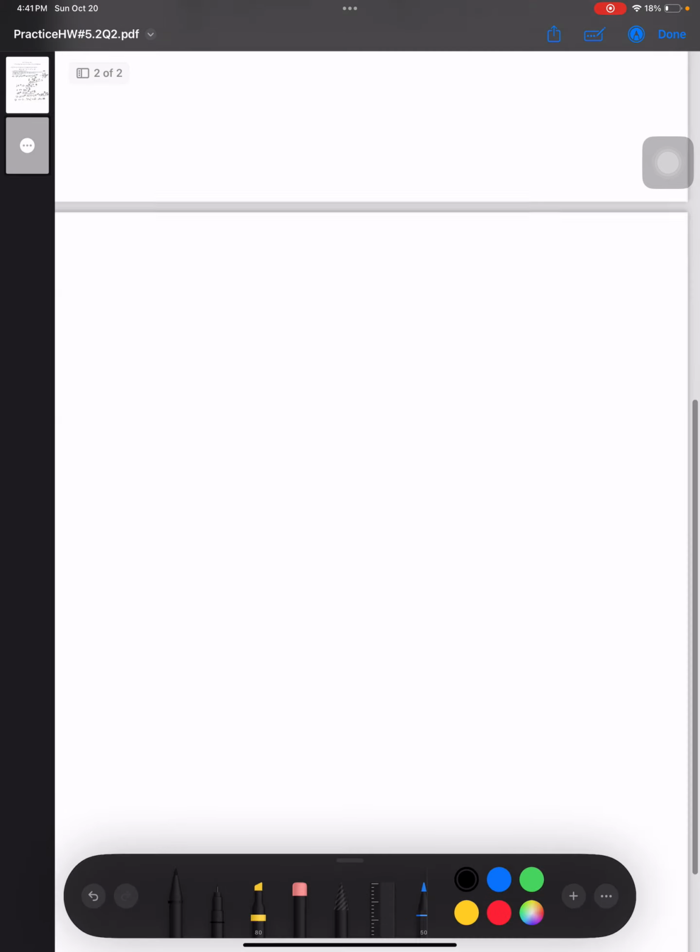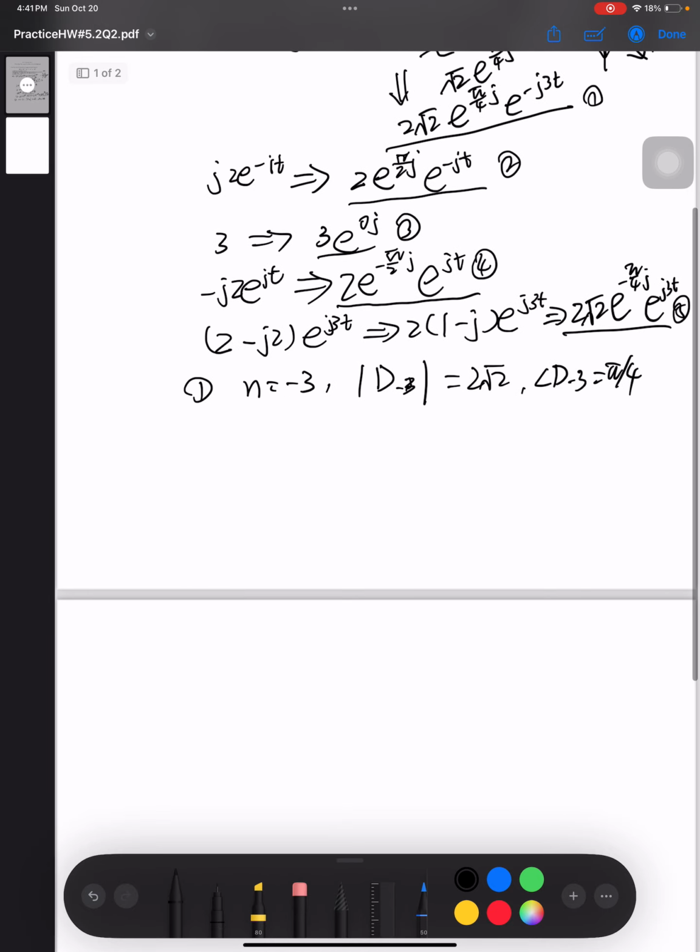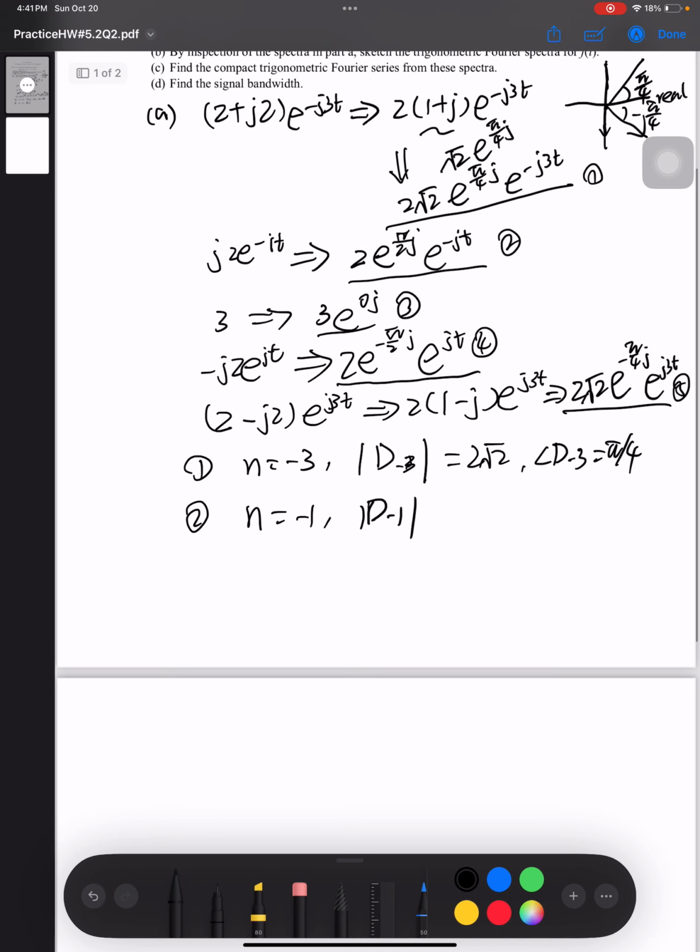For the second term, n equals minus 1, the amplitude is 2, and the phase equals pi over 2.